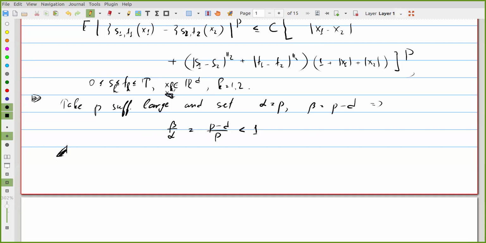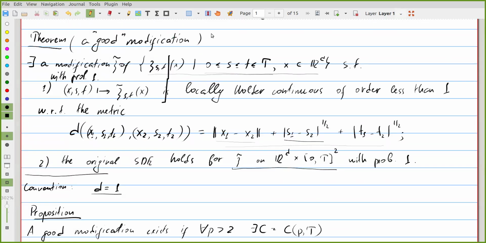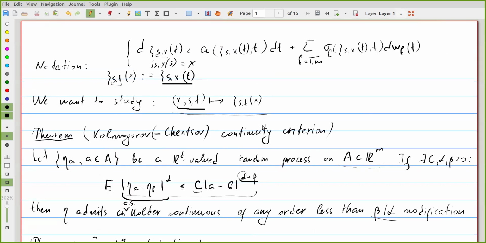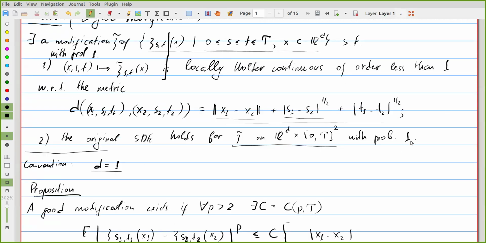So indeed, let us now return to the main result. If we establish the existence of the modification, a good modification continuous with respect to all variables, of this family generated by our SDE, and we know that the same modification exists for these integrals, then this second part will follow automatically.